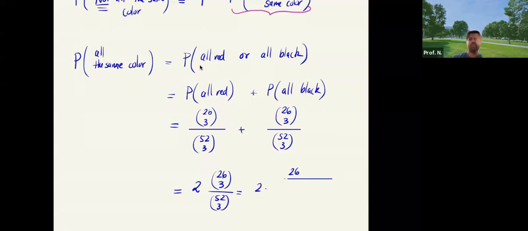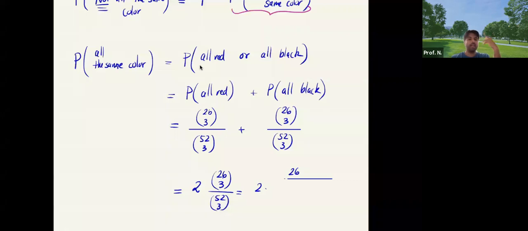Does it matter that I chose it that way, or if I chose the queen of diamonds? Does it matter? It doesn't, right? The combination just says I want to select 3 of those red. That's it. So that's the number of ways of selecting 3 of those 26 red.